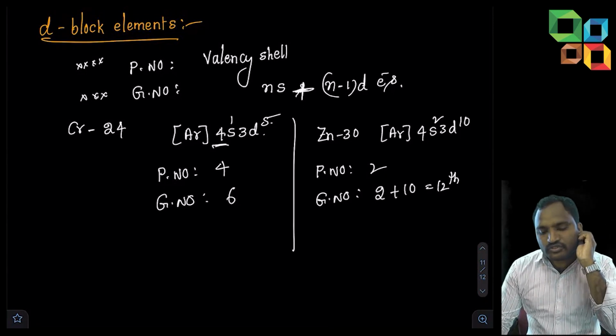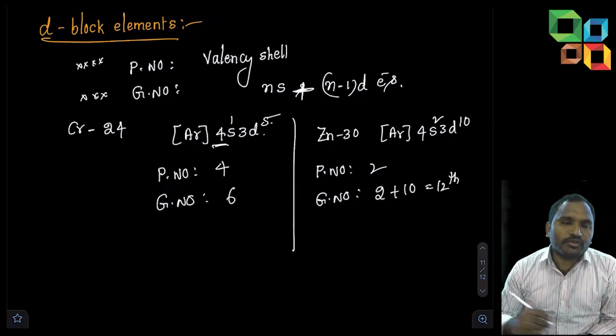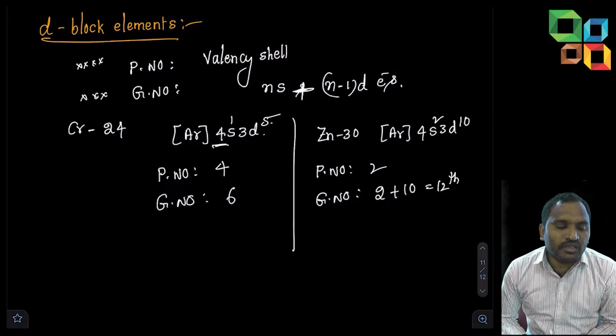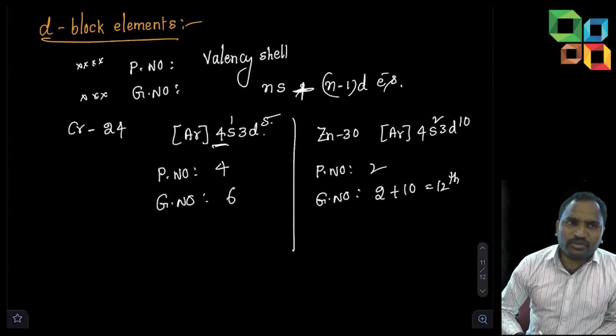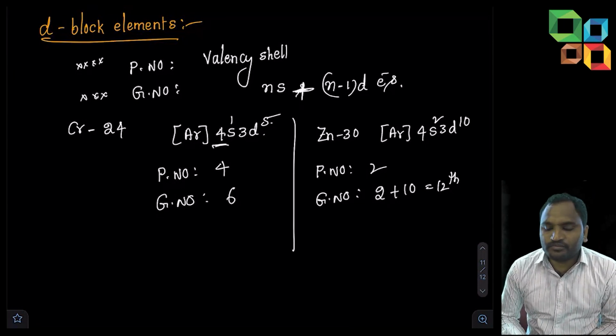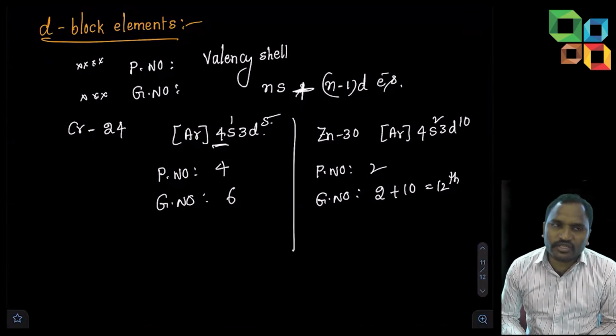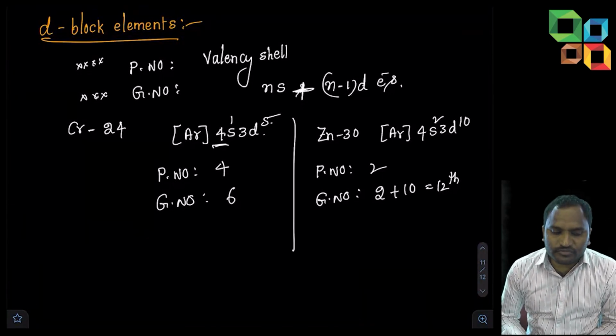So like this, we can find out group number and period number in case of S, P, and D. For F block, I already told you they belong to 3rd group and 6th and 7th periods. Lanthanides belong to 6th period, actinides belong to 7th.